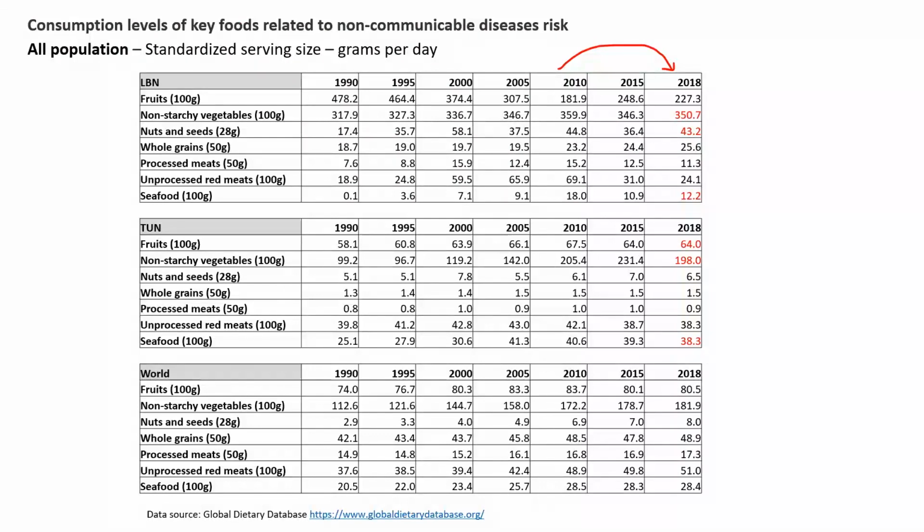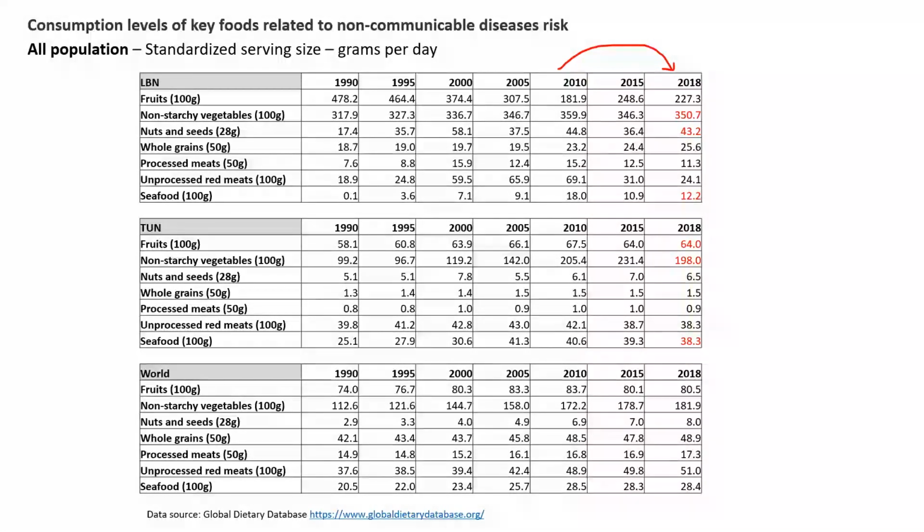So the Global Dietary Database, which is housed at Tufts University, has compiled an interesting database for major foods consumption, standardized at the serving size, for mostly all countries around the world and over time. And here you can see the top is Lebanon, down is Tunisia, and then in comparison with the world averages.